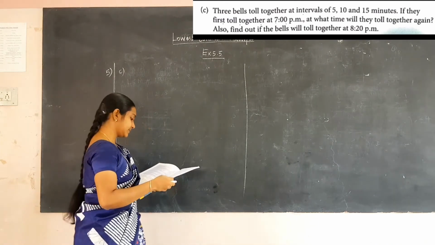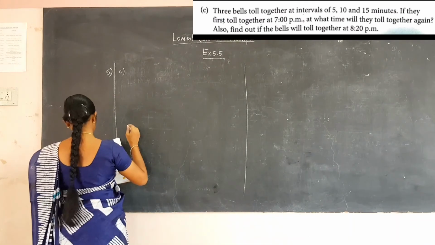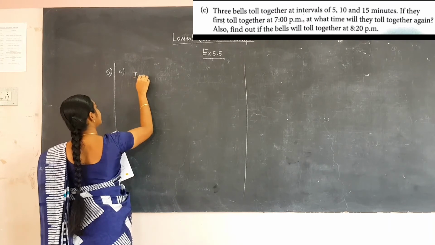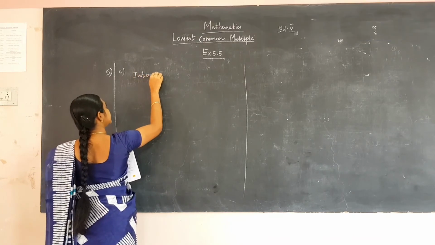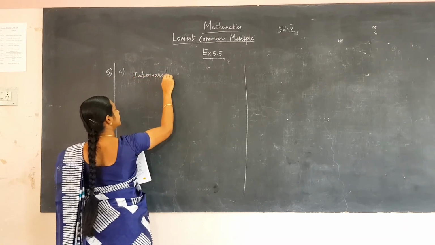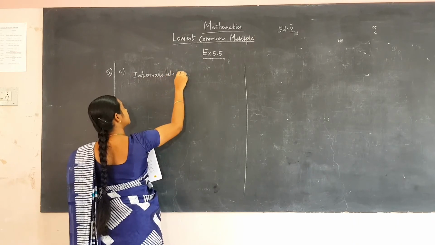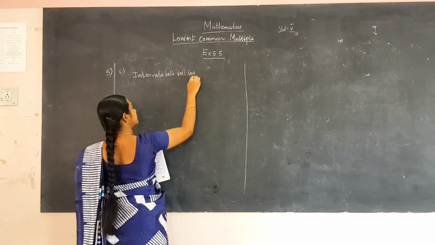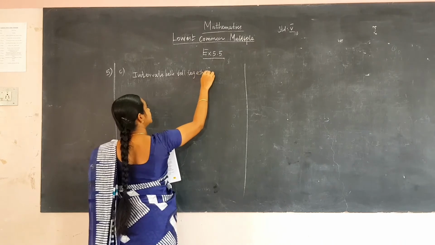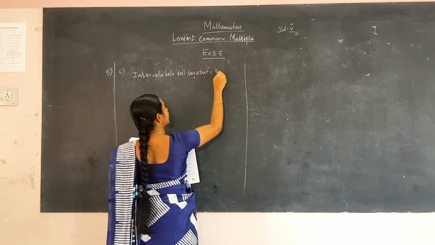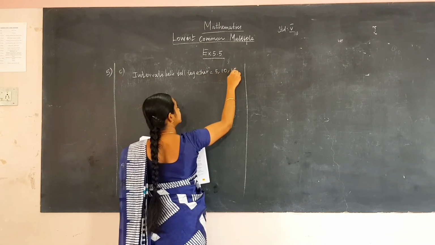First, write the intervals. Intervals, bells toll together, equal to 5, 10 and 15 minutes.